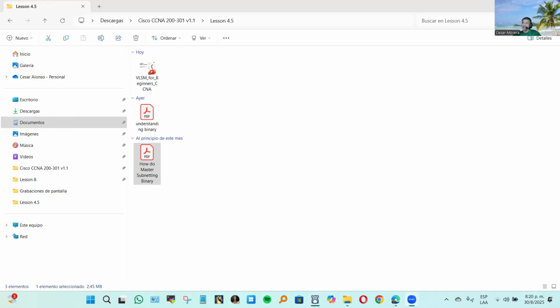Now, is this a really efficient way of creating subnets? Let's say I would have the following requirements. One subnet with 12 hosts, one subnet with 44 hosts, one subnet with 2 hosts. Point-to-point links are a good example where you only need 2 IP host addresses.